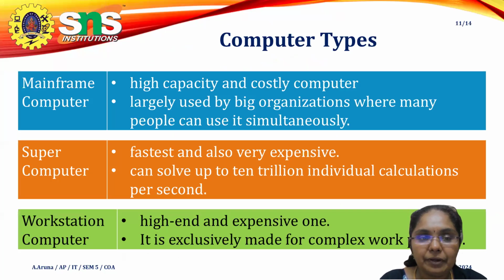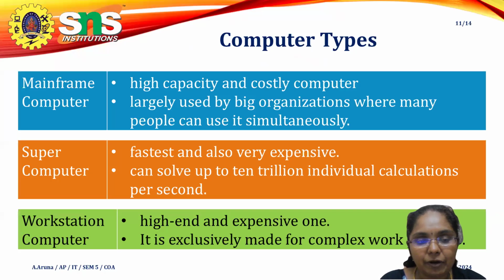A mainframe computer has higher capacity, is much costlier, and is largely used by big organizations where many people can simultaneously access the data. For that case only we go for a mainframe computer. Supercomputers are the fastest and also very expensive. They can solve up to 10 trillion individual calculations per second.